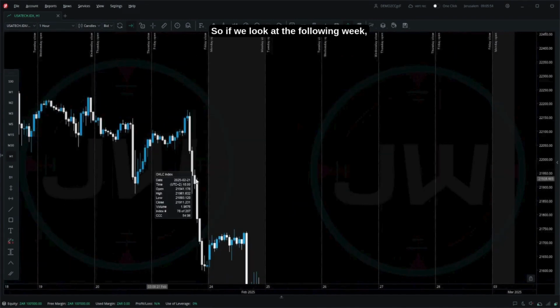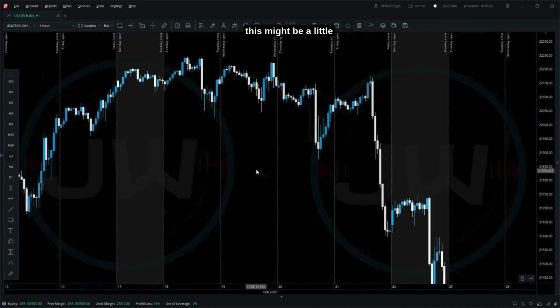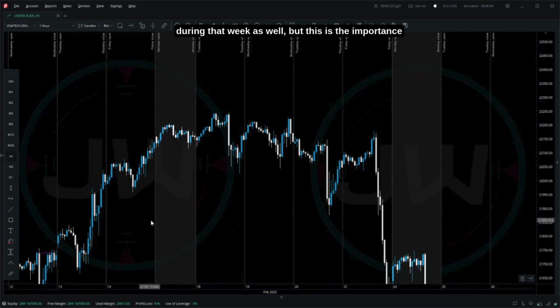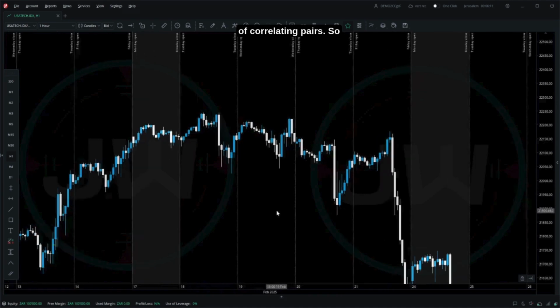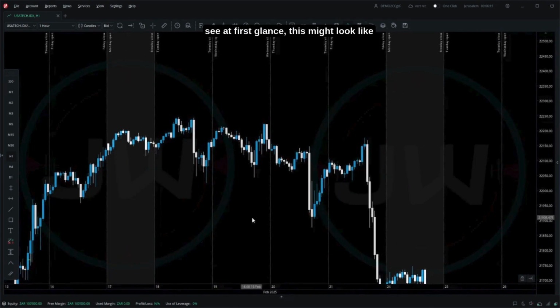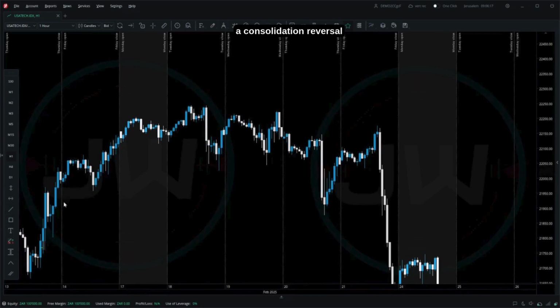So if we look at the following week, this might be a little confusing. I know it confused me during that week as well, but this is the importance of correlating pairs. So you see, at first glance, this might look like a consolidation reversal profile, but that's not the case in this example.